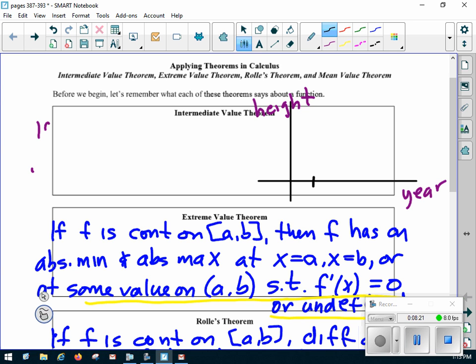And let's say in the 6th grade and the 12th grade, there's 5'5" and there's 6'1". We know that height is a continuous function. So we know that if there's some height in between 5'5" and 6'1", let's make it 5'9". Did Ransom ever have to be 5'9" somewhere between 6th grade and 12th grade? Has to.